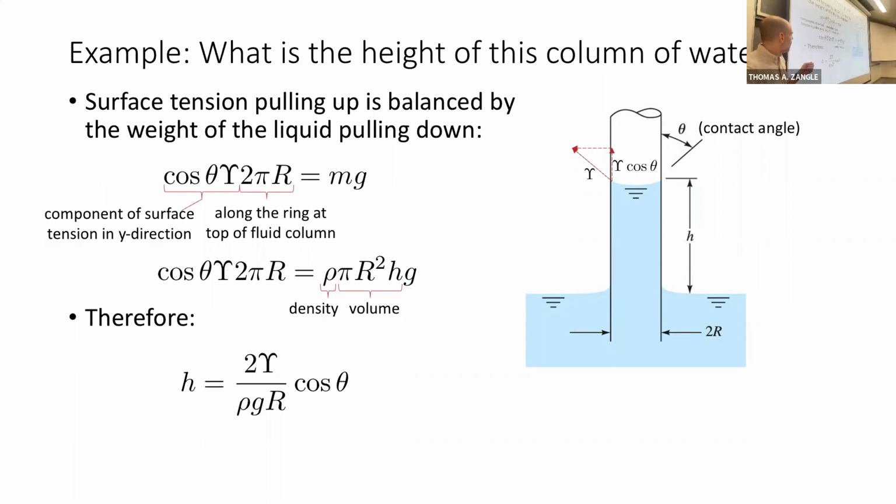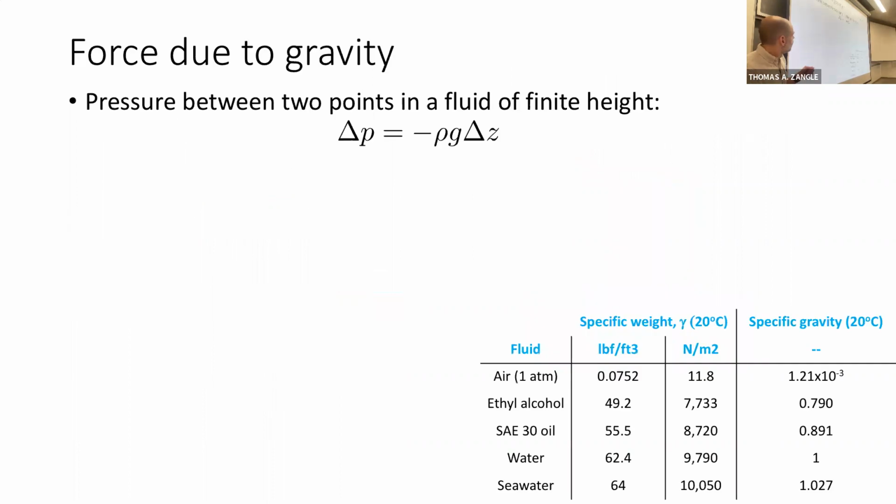So in general, when we have a force due to gravity, it gives rise to a pressure difference within the fluid. And the pressure between two points in the fluid of finite height can be written as delta P is equal to minus rho g delta z.